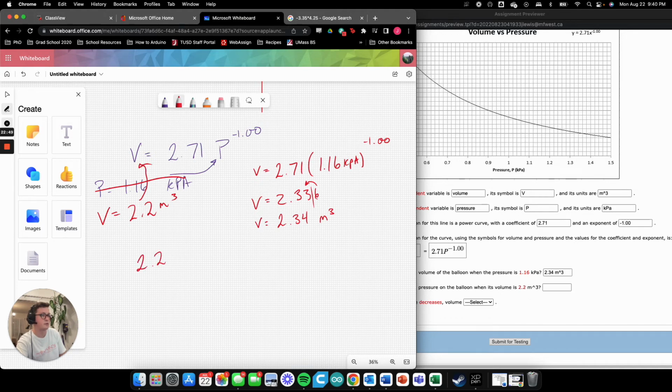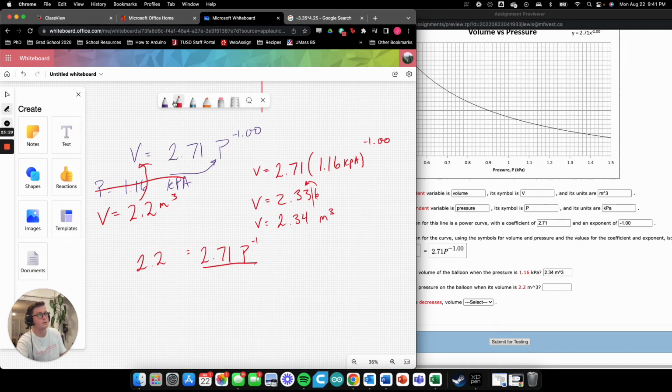So 2.2 is equal to 2.71 P to the power of negative 1. So, okay, here's what we're going to do. Sorry, I had to think about order of operations real quick.